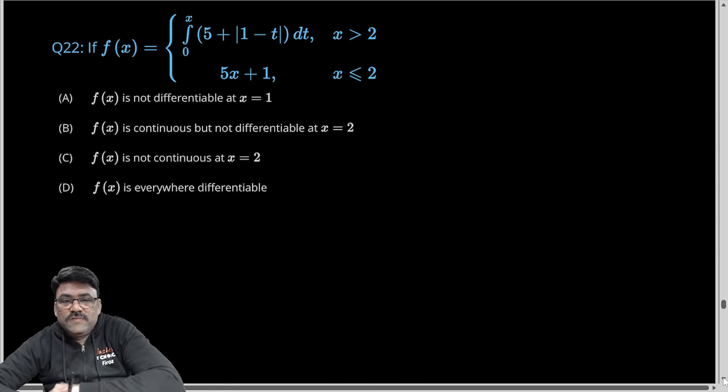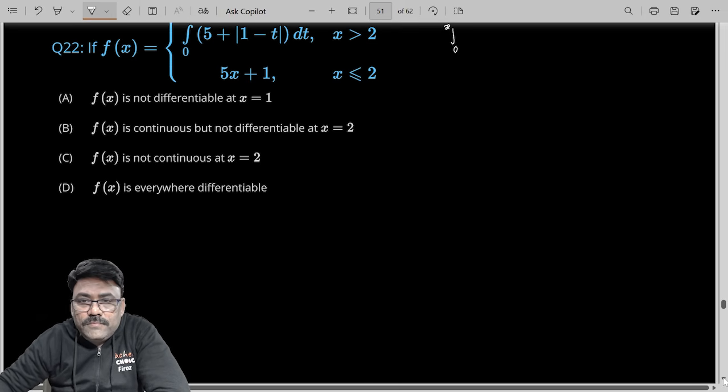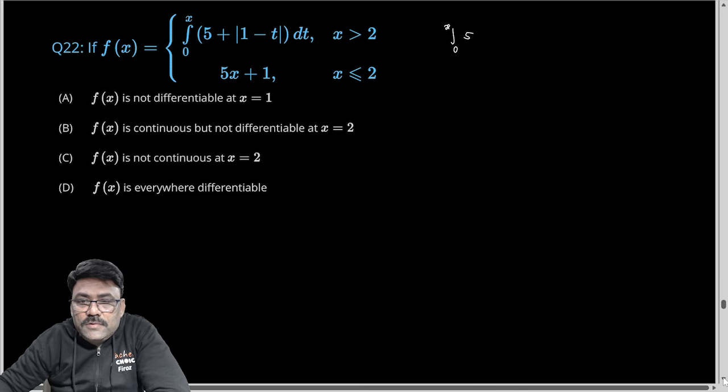So let's calculate this first rule first: the integral from 0 to x of 5 plus mod of 1 minus t, dt. You write mod 1 minus t or mod t minus 1, it doesn't matter, both are the same thing. And x is greater than 2 here.